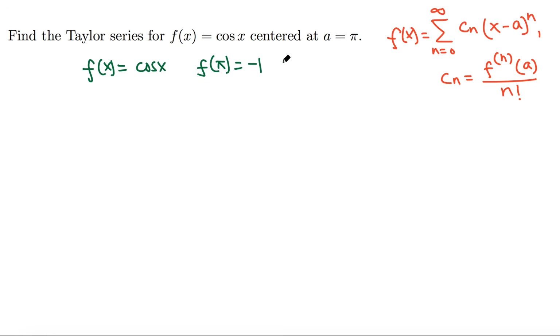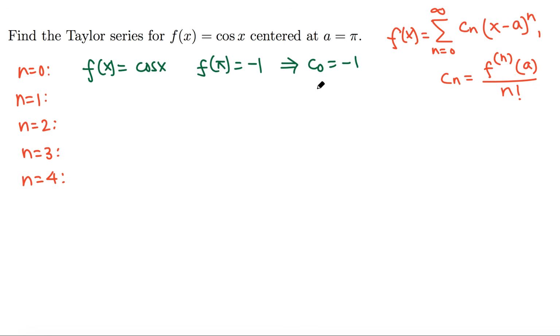From this we get c0 is -1 over 0 factorial, which is 1, so just -1. This is for n equals 0, so we got c0. Now we do n equals 1, n equals 2, n equals 3, n equals 4, and so on.